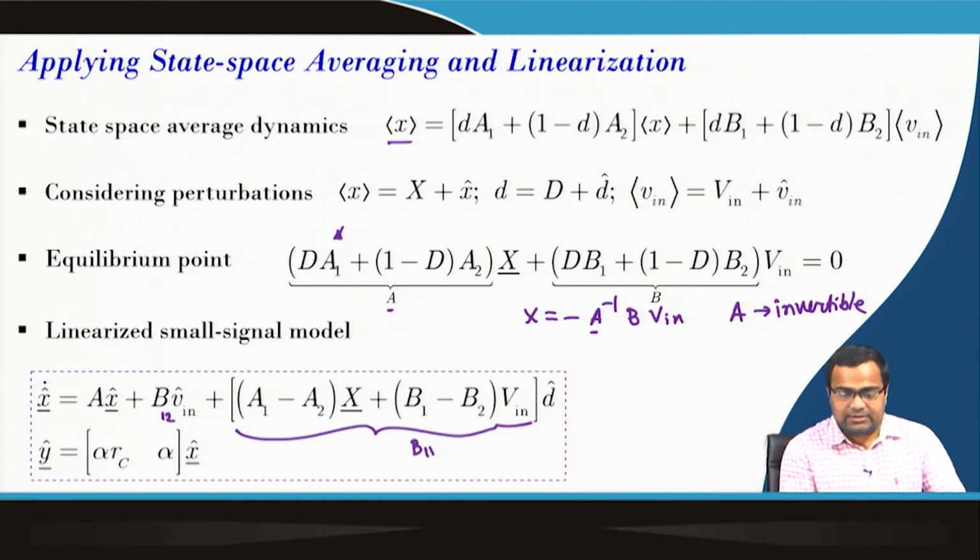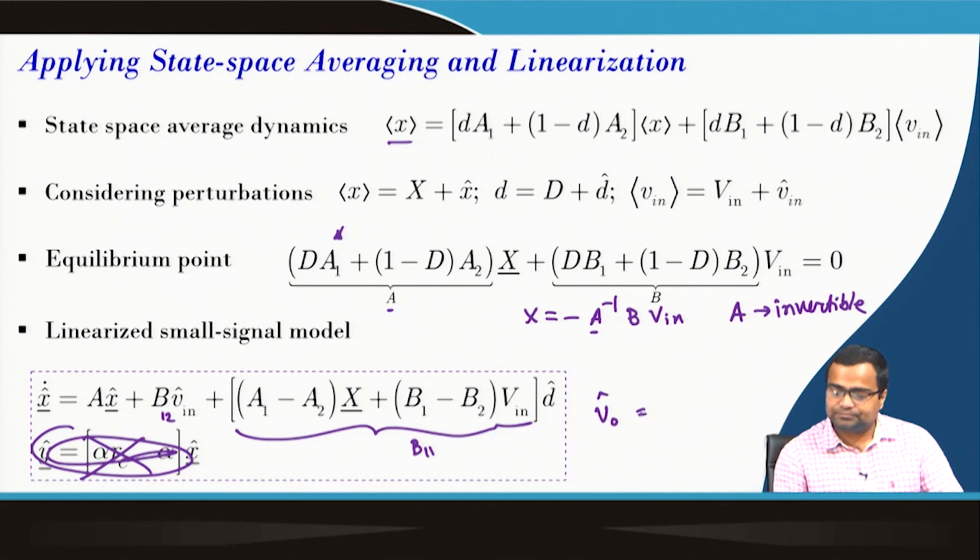And the average dynamics for the boost converter will have, in this case, a different equation, because we are talking about the output voltage average. What will be the perturbed quantity? It will have two components. One is, because for a boost converter you have a duty ratio dependency, the C matrices are different.